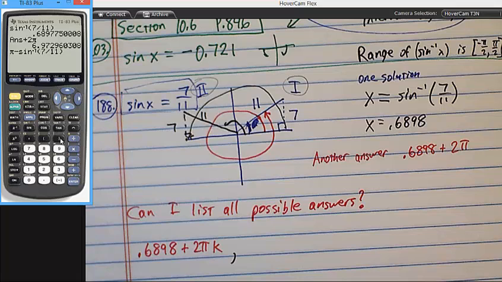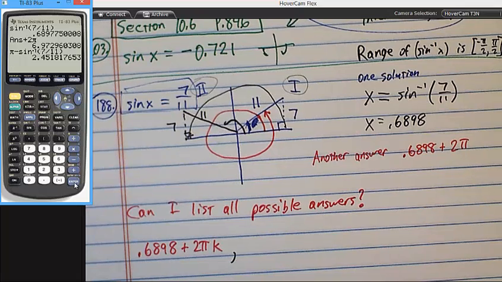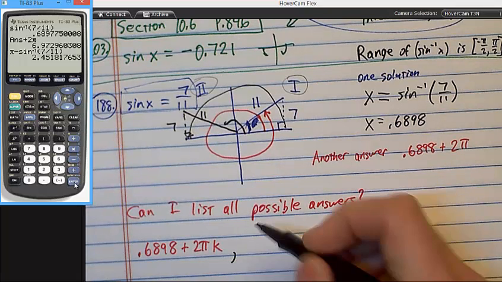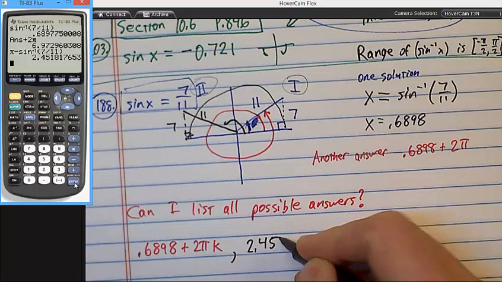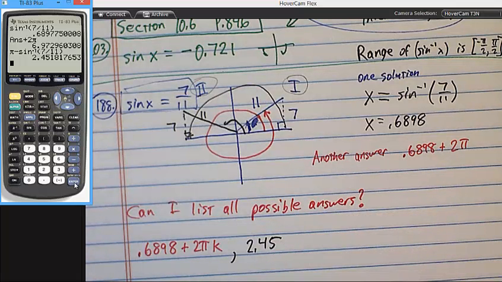Does that make sense? Who follows what I'm saying here? Okay, so another answer then, and this is a quadrant 2 answer, is 2.45 radians. How did I get 2.45? I did 3.14 minus 0.6898, right? I did pi minus the inverse sine of 7/11.